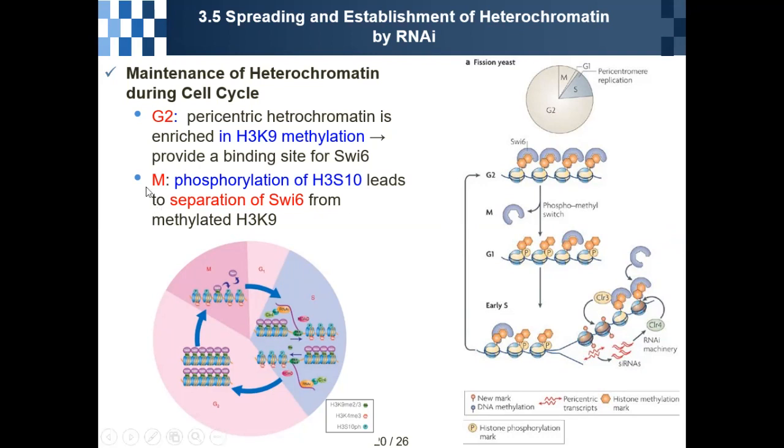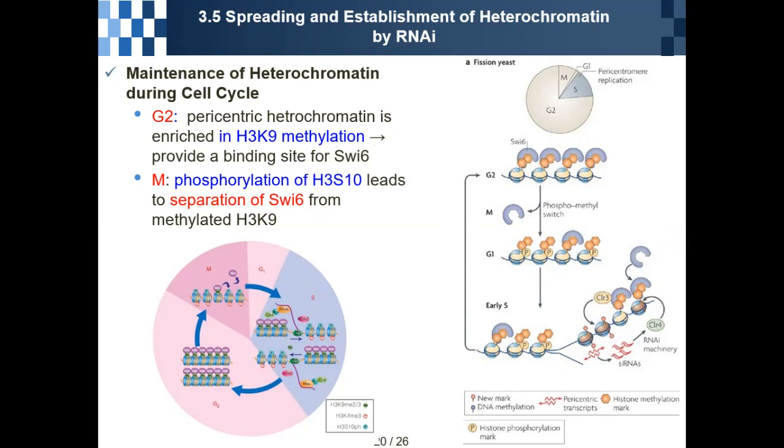In M phase, especially histone 3: histone 3 has lots of amino acids, and the 10th amino acid is serine. Because some of you took the protein engineering course, you know serine has an OH group.